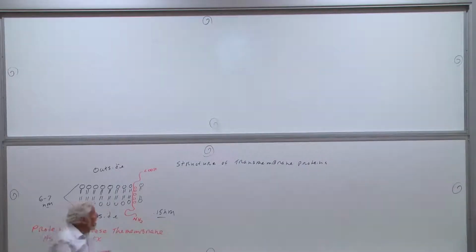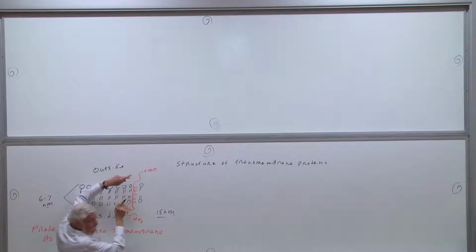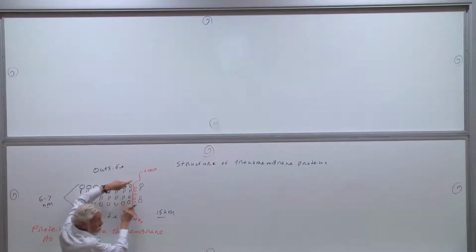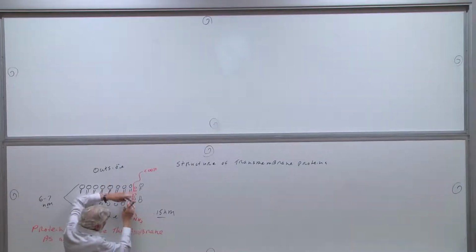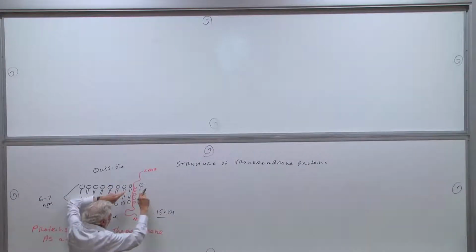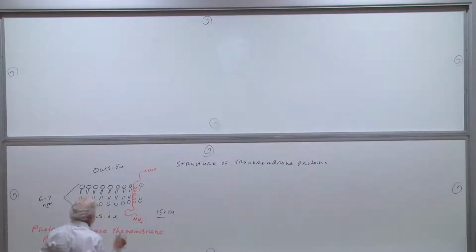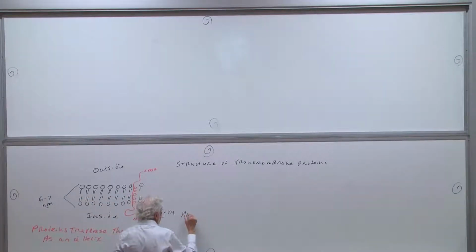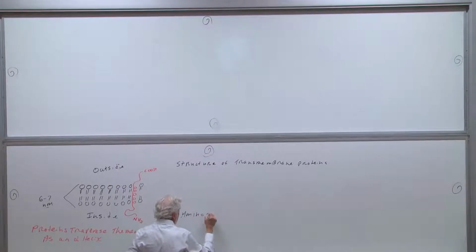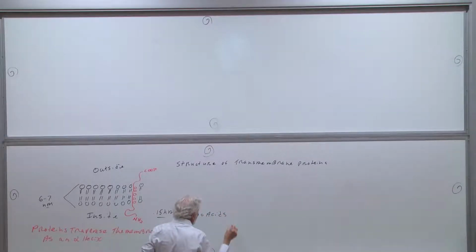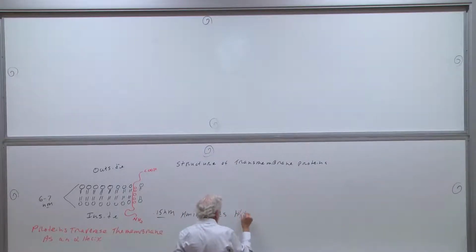You'll also recognize that because these 40 or 50 or so amino acids spanning the lipid bilayer are embedded in the hydrophobic region of the membrane, these amino acids are predominantly hydrophobic.